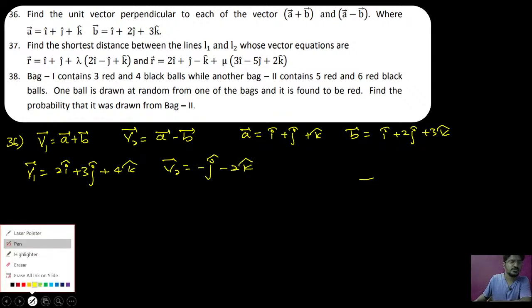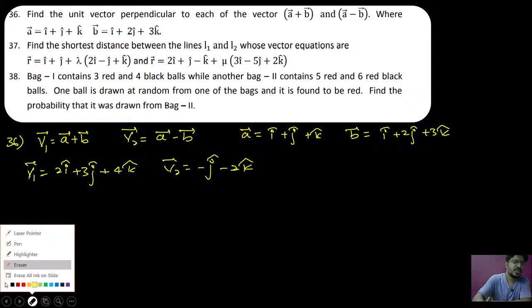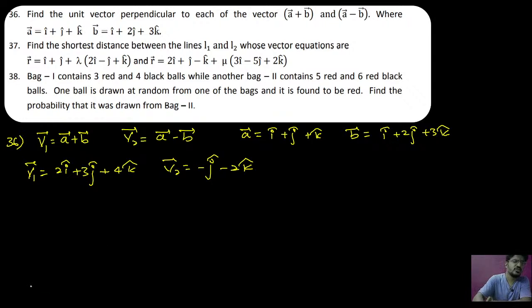Okay, so now quickly we have to go for the unit vector which is perpendicular to two vectors. My dear students, unit vector perpendicular to two vectors means it is the cross product. You have to use the cross product definition, because if this is vector a, and this is vector b, this will be the unit vector which is perpendicular to a and b. So that is from your cross products.